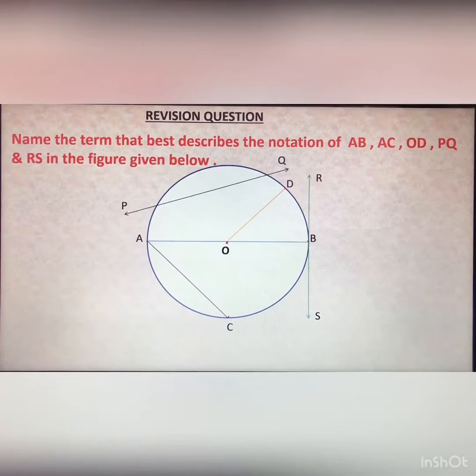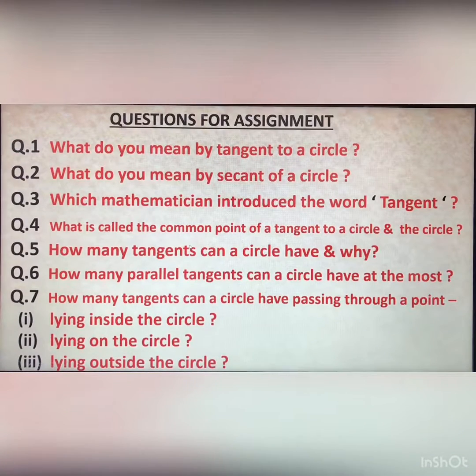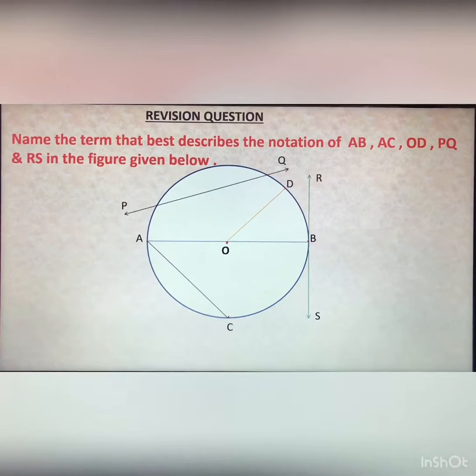Now name the term that best describes the notation of AB, AC, OD, PQ and RS in the figure given below. Let's start with AB. What is the name of AB? Yes, your answer is correct. You can say it is a diameter.